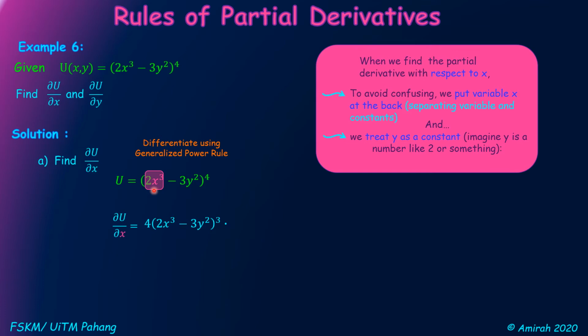Alright. We have variable x here. And now we want to differentiate with respect to x. So when we differentiate 2x cubed, we have 6x squared. Okay? And then minus 3y squared, we treat as a constant.